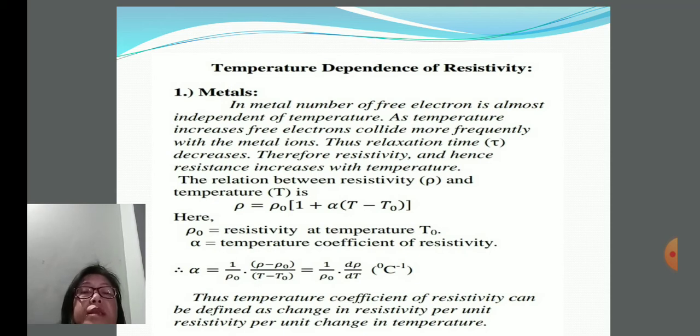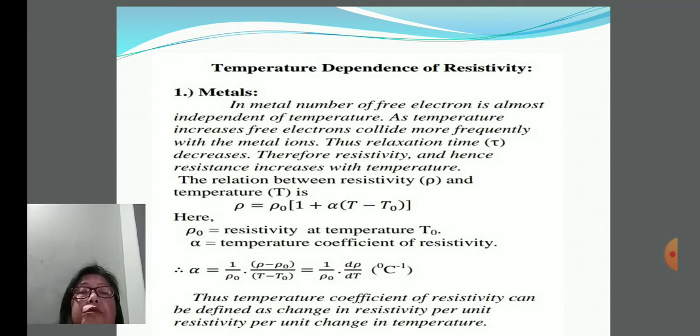Alpha is known as the temperature coefficient of resistivity. So the temperature coefficient of resistivity alpha is rho minus rho naught by rho naught into T minus T naught, or 1 divided by rho naught into d rho by dT, and the SI unit of temperature coefficient of resistivity is degree Celsius inverse.